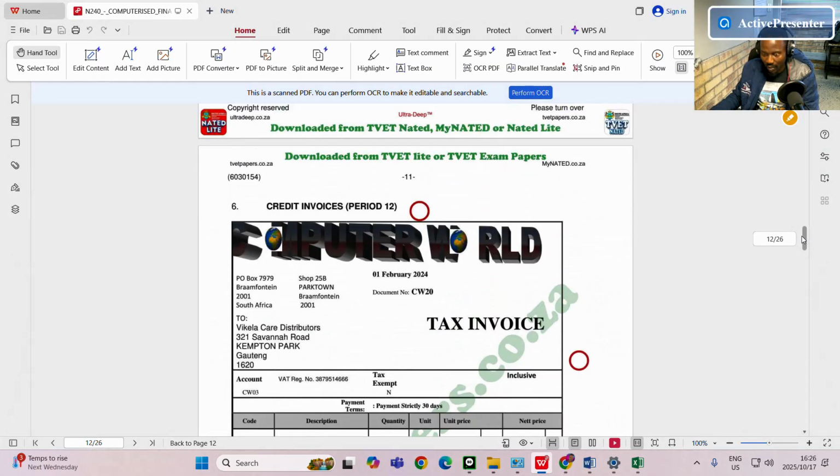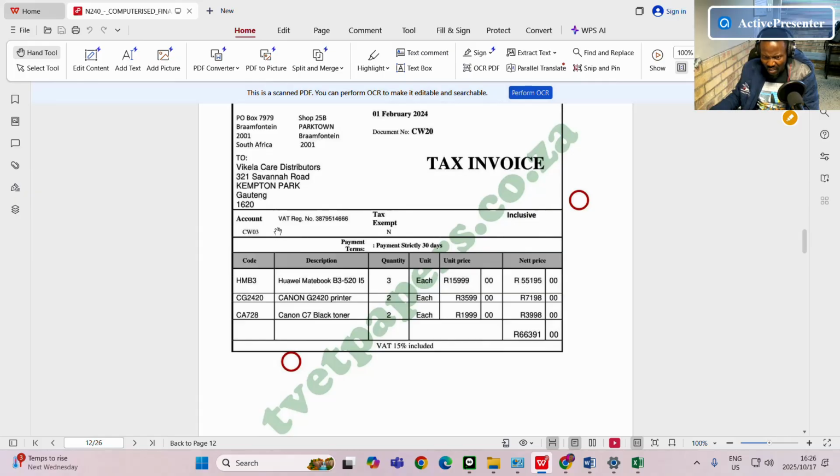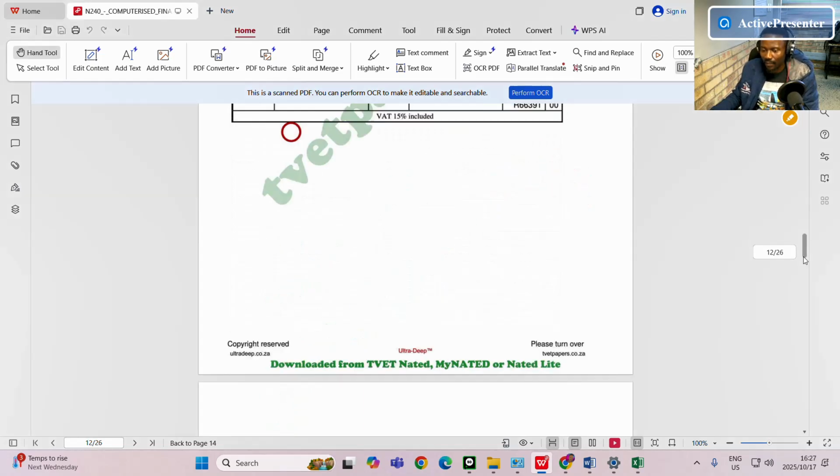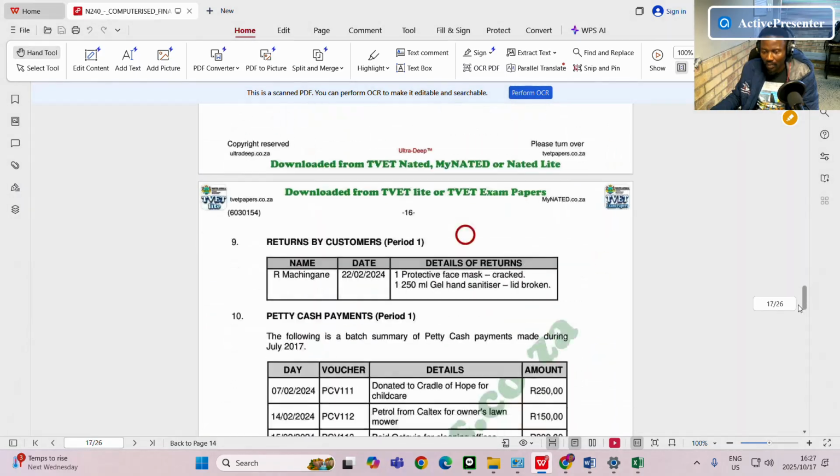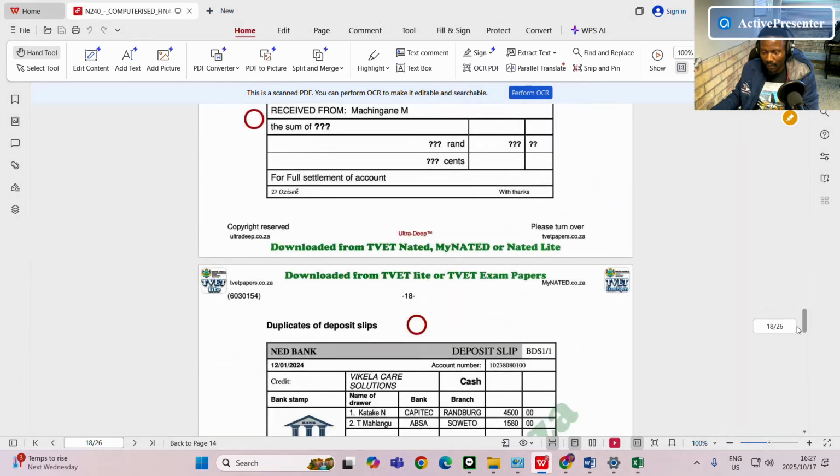Do we have any early payment terms first? It says payment strictly 30 days. Okay, it doesn't give us a percentage, so it's fine. I'm just going to check the payment.